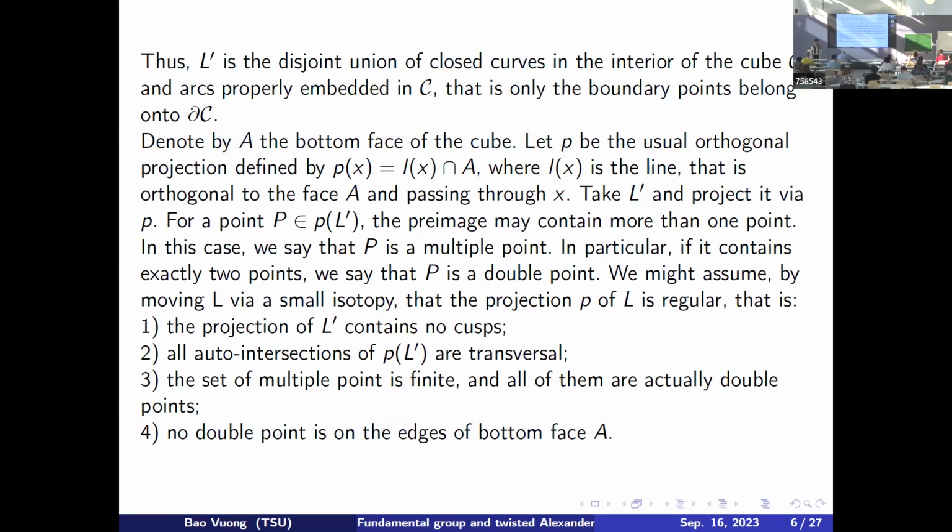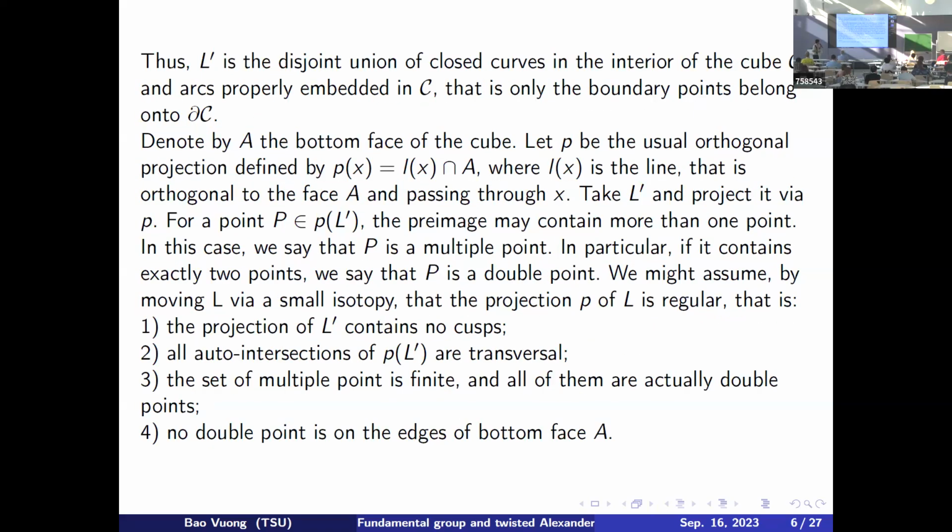So when you choose a point to project the knot to some plane in the three-dimensional torus, it will cause some ambiguity that you have to specify further to make it well defined.